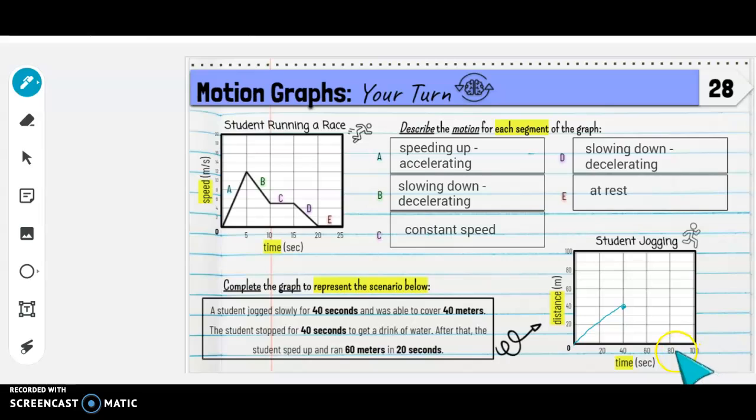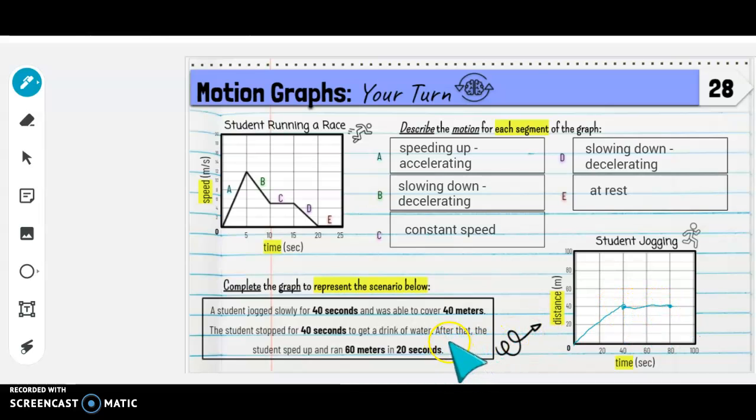The next part is 80 seconds. So that'd be plus 20 more. So at this point, there was no motion up to this point. So you can see the student stopped, the distance wasn't changing.